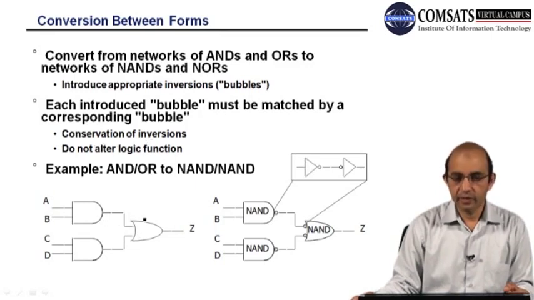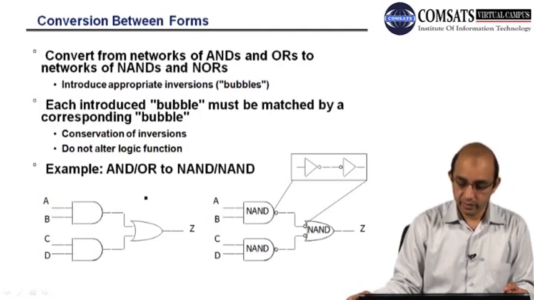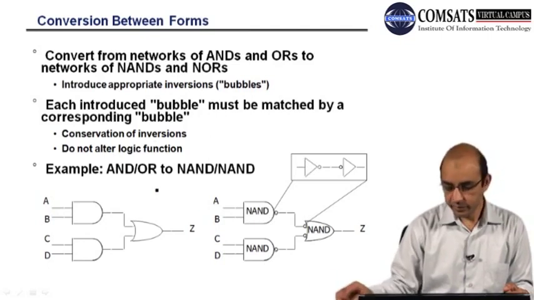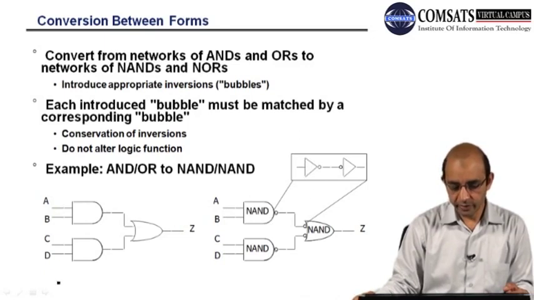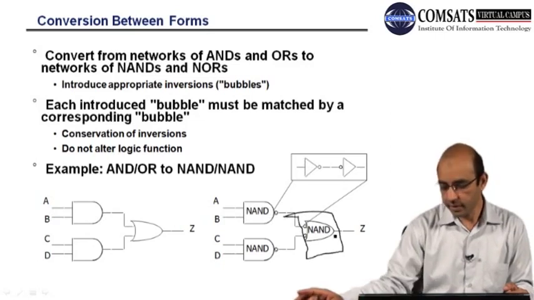So then we have the conversion by using those inversions. You can see we have this AND OR operation. We have placed two bubbles, they will cancel out, and finally we will get NAND, NAND, and this is also a NAND.